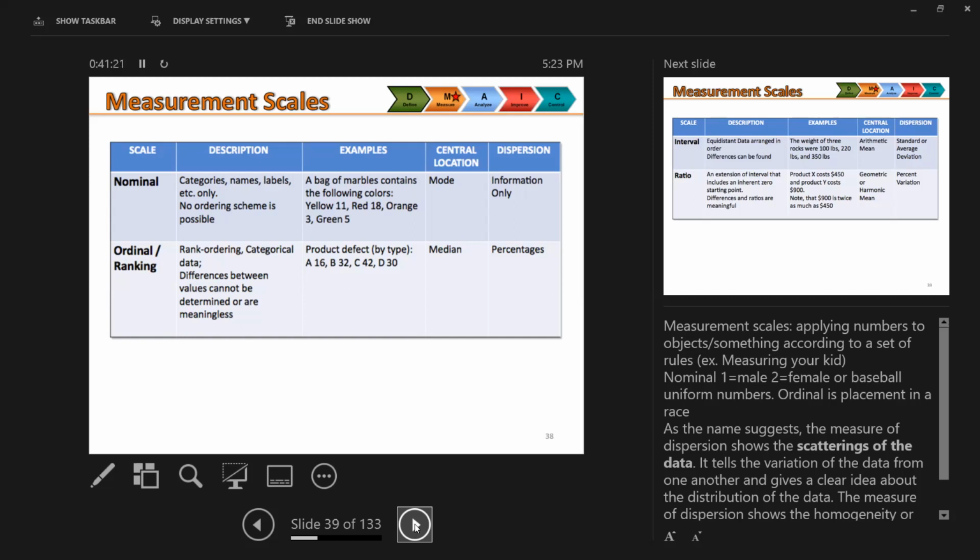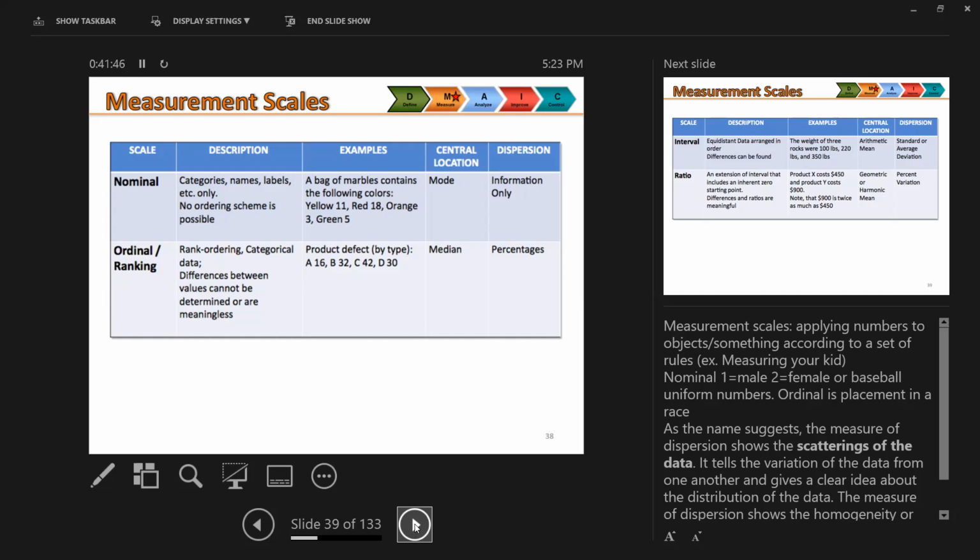And then there's the ordinal ranking measurement scale, which is ranking categorical data. Difference between values cannot be determined or is meaningless. The central location is the median, and the dispersion is percentages. Again, this is not something that's going to be on the exam or anything.